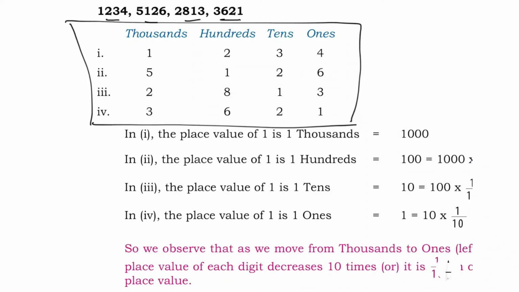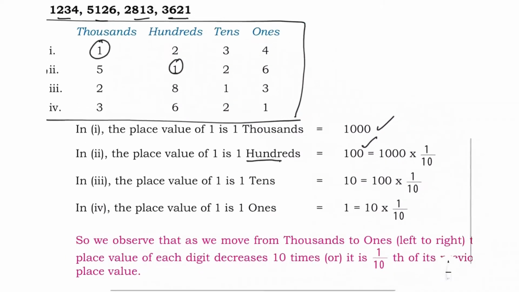Now I want you to observe the first number, 1234. Can you tell me what the place value of 1 is? That's right, it is 1000, because 1 is in the thousands place. And in the second number, what's the place value of 1? It is 100s. That's right, so the value is 100.